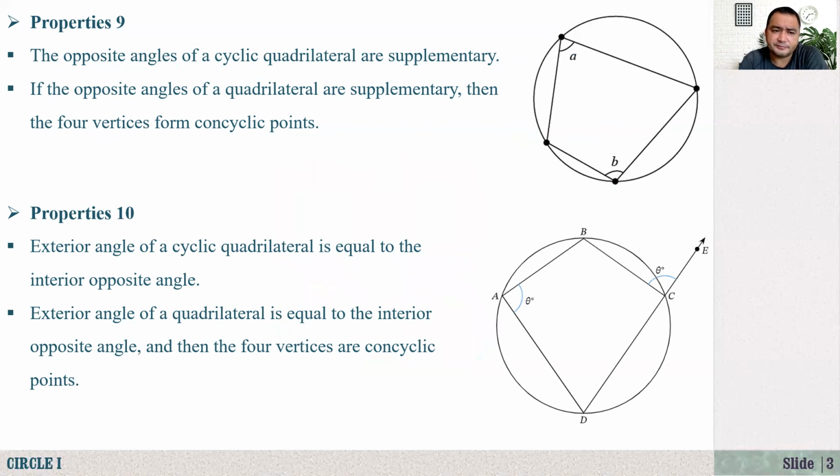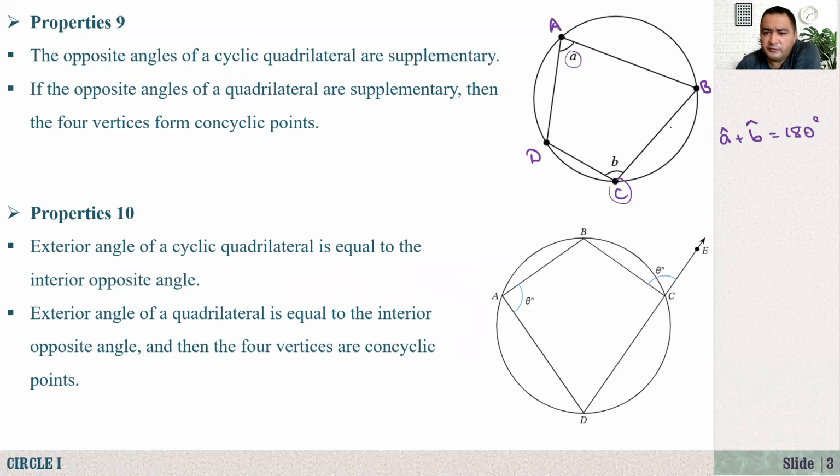Here it's saying that if you are given a cyclic quadrilateral, then opposite angles form supplementary angles. As you see in the picture, let's say our quadrilateral has vertex A, vertex B, vertex C, and vertex D. It's saying that these opposite angles, angle A plus angle C, are equal to 180 degrees.